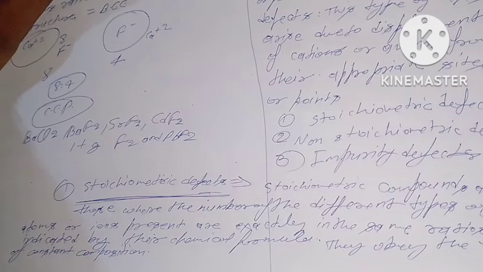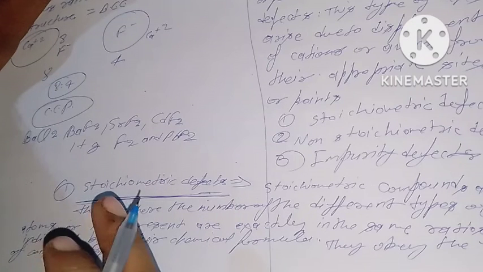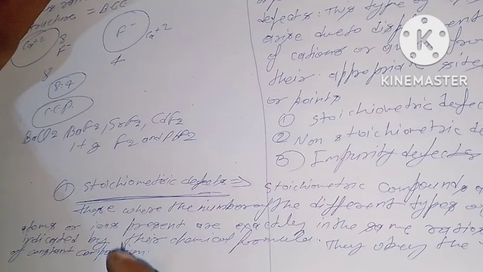Those defects in which the ratios of cations and anions do not change are called stoichiometric defects.